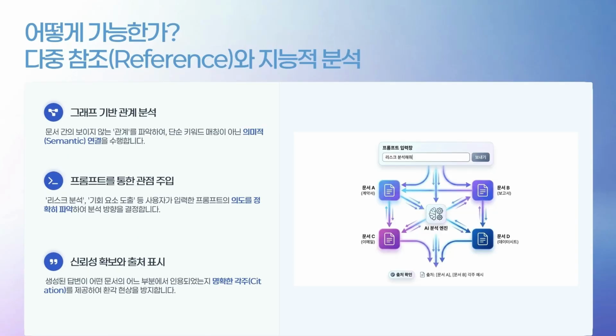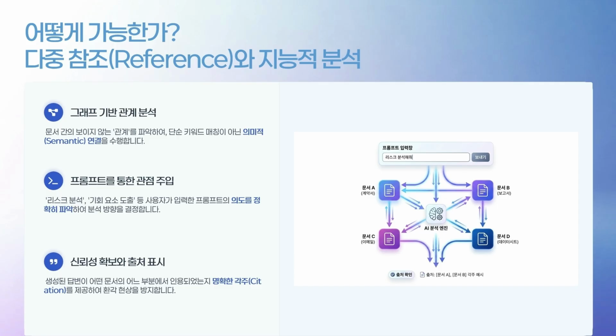You might wonder, how does Copilot understand and connect all my documents? The secret lies in Microsoft Graph and semantic links. When you type the slash symbol in Word to find a file, Copilot doesn't just look for keywords. It analyzes the meaning inside the file.